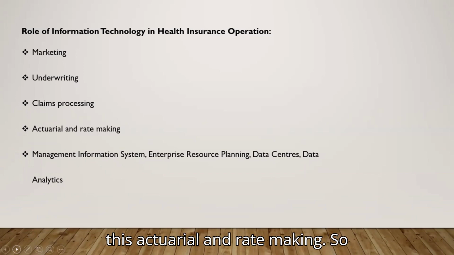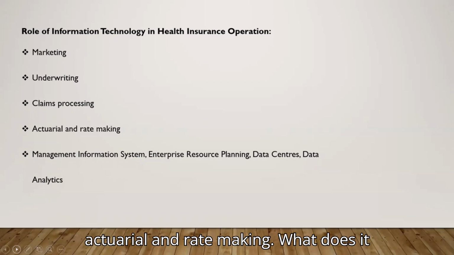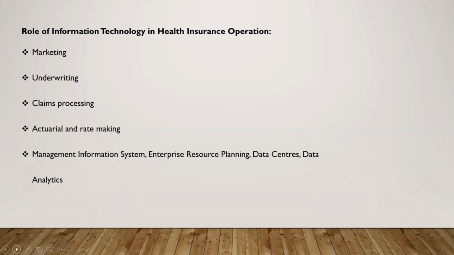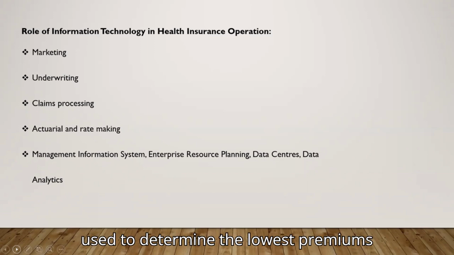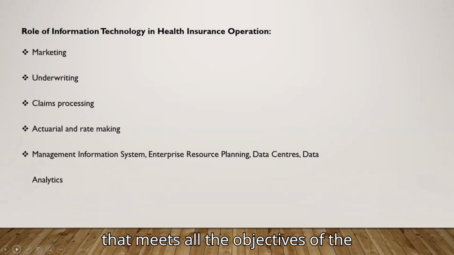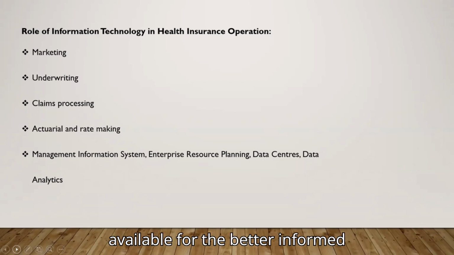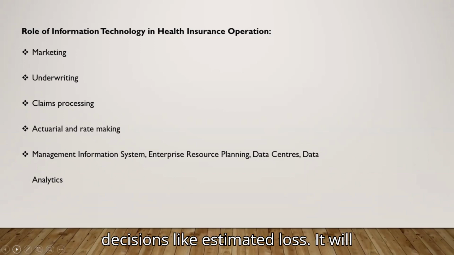And next one is actuarial and rate making. Mainly this will estimate the future losses, and this is also used to determine the lowest premiums that meet all the objectives of the insurance company. The software is available for better informed decisions like estimated loss.